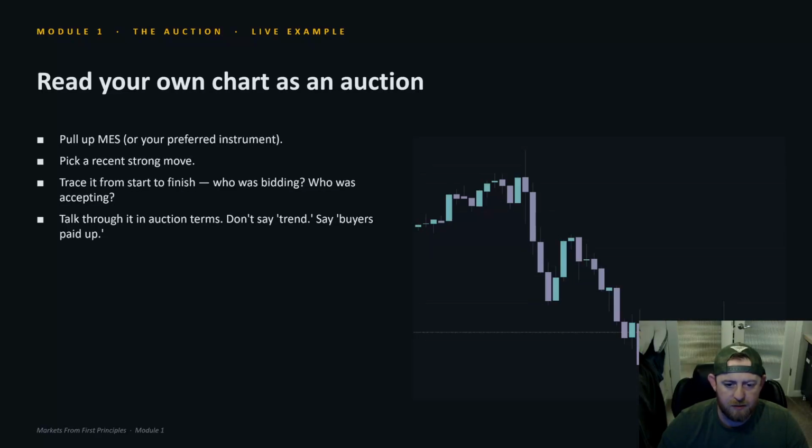This happens before this happens typically. So it probably happened over here, and then it came out of that equilibrium and then returned to a level of equilibrium. So I know I probably said some of this, trend and buyers paid up. I'm trying really hard to go back to explaining it foundationally like this, but I hope that helped.